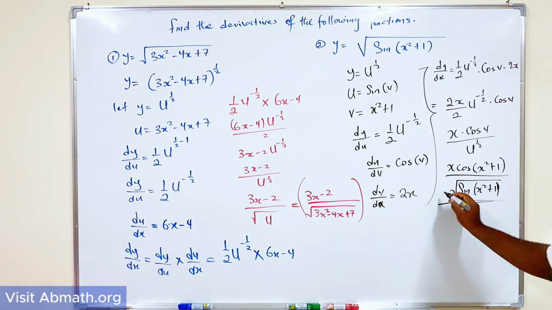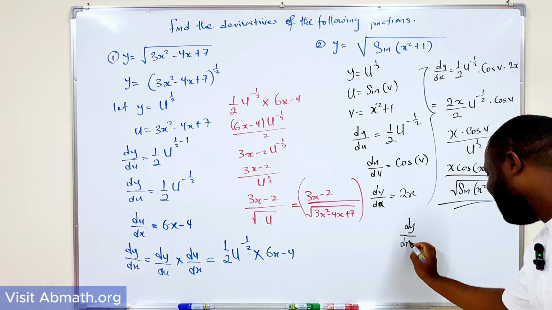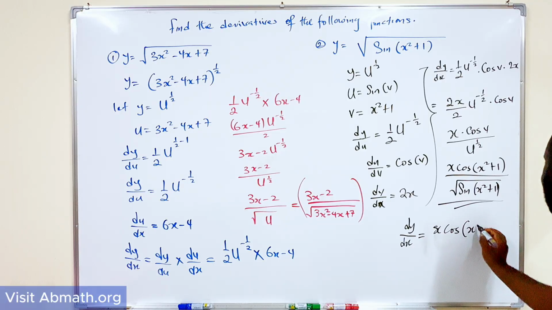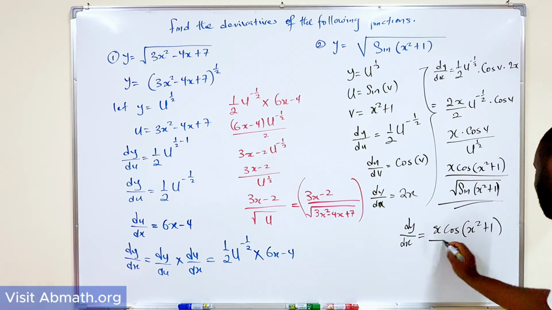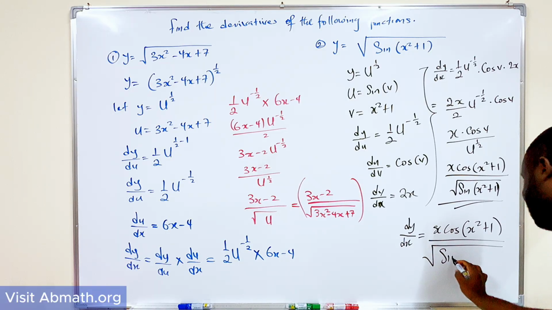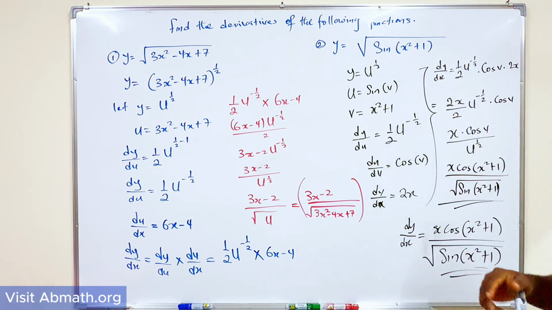And that is our derivative. So dy/dx will now be x cos(x squared plus 1) over the square root of sine(x squared plus 1). And that is the derivative of this radical equation.